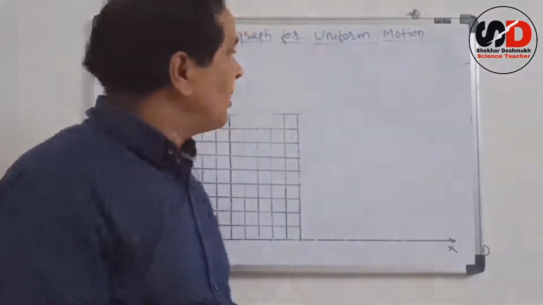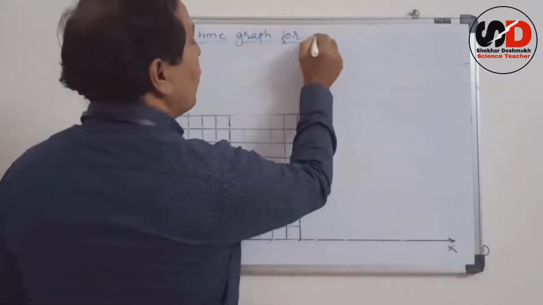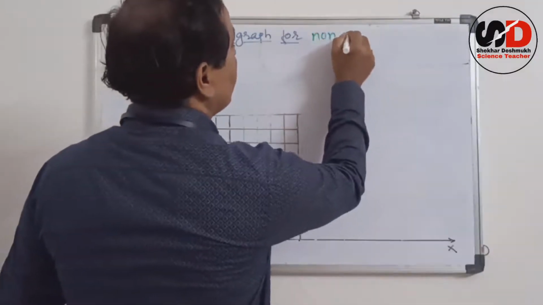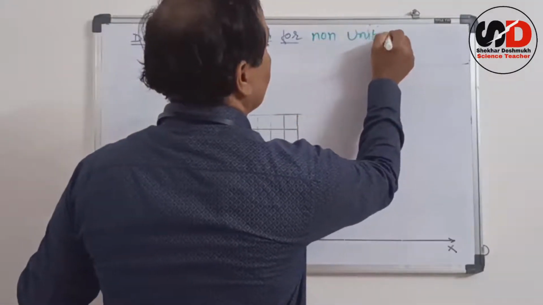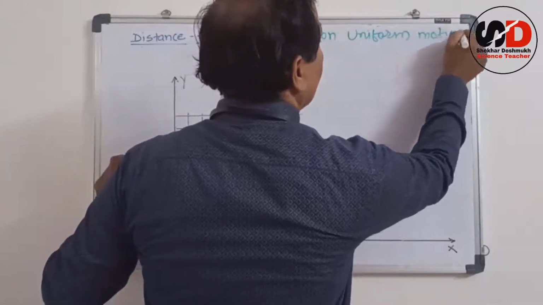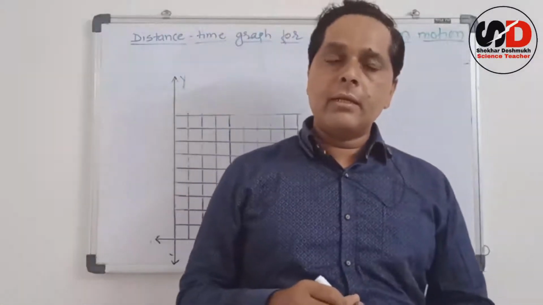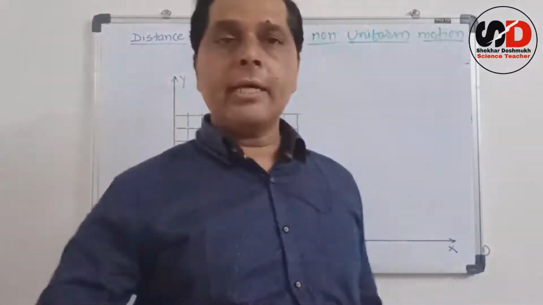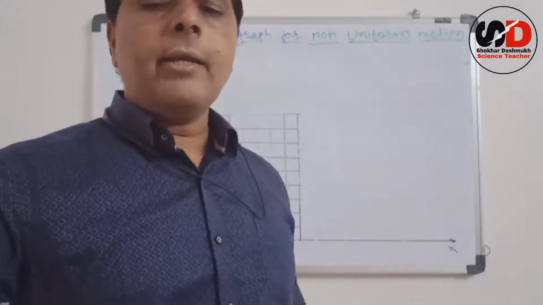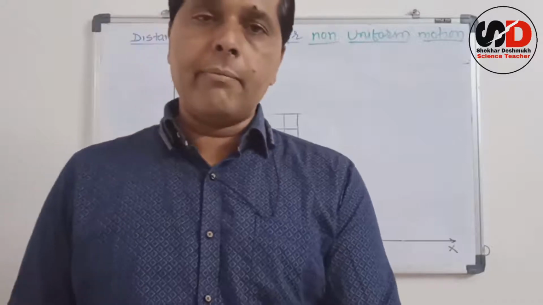Then, if we see for non-uniform motion, again the graph paper is there, readings are given there, and again the readings are between distance and time.